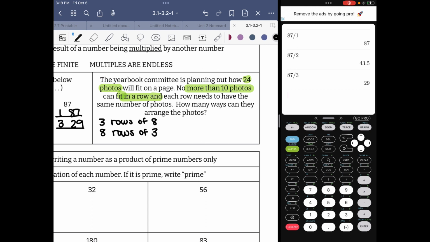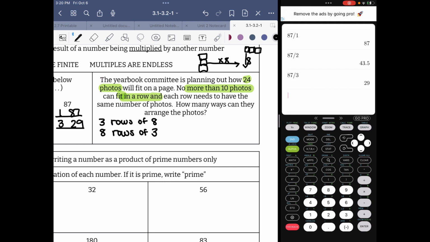It is not the same thing. 3 rows of 8 would be 1, 2, 3, and then going 8 across. And 8 rows of 3 would be 3 going across and 8 going up and down. So either of those would work.